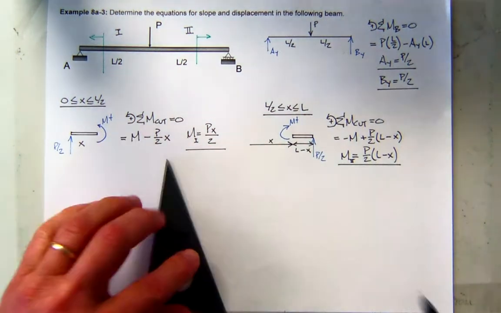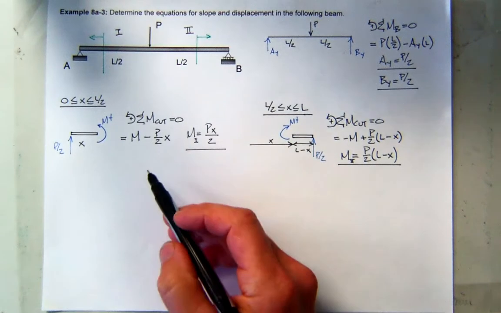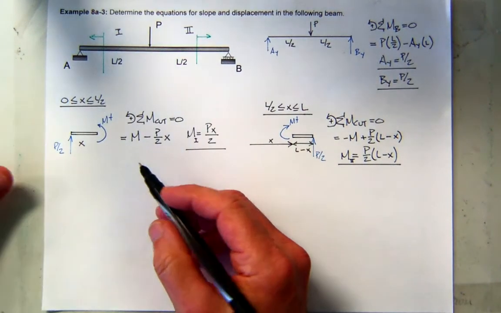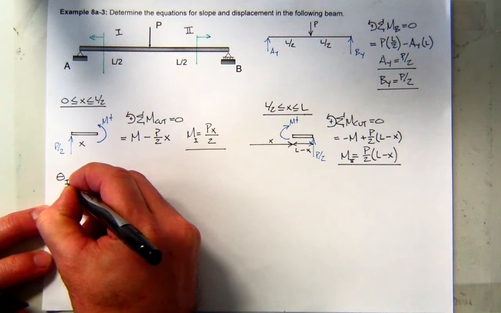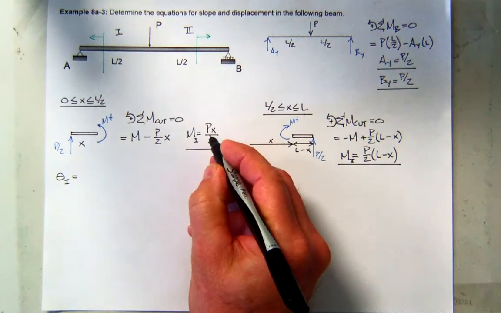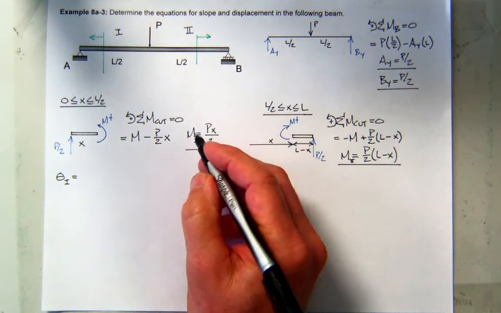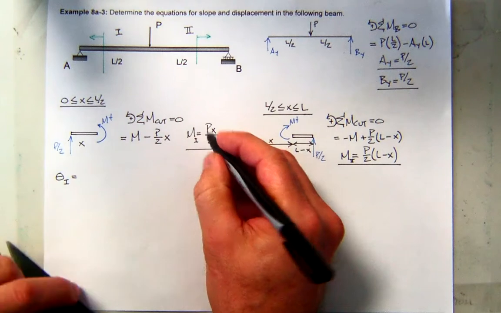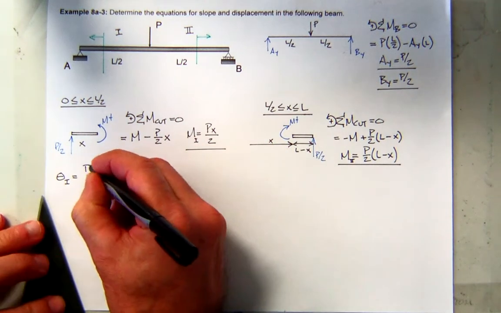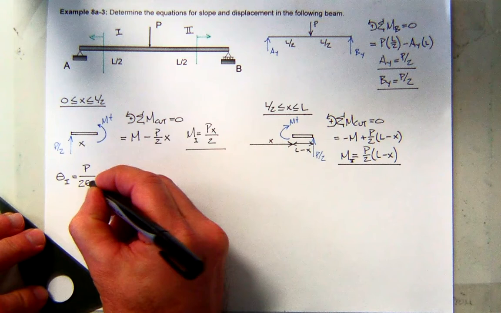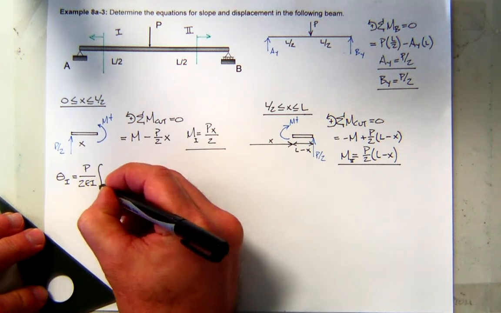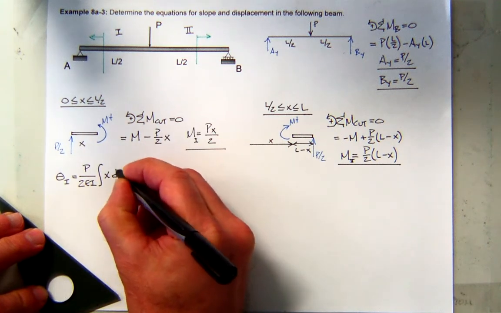Now what do I do? Well, I need to integrate this. So I'm going to come over here and say the slope in region 1 will be the moment divided by EI, integrated. So I'll pull out my P over 2EI, and then I'm just integrating x dx.